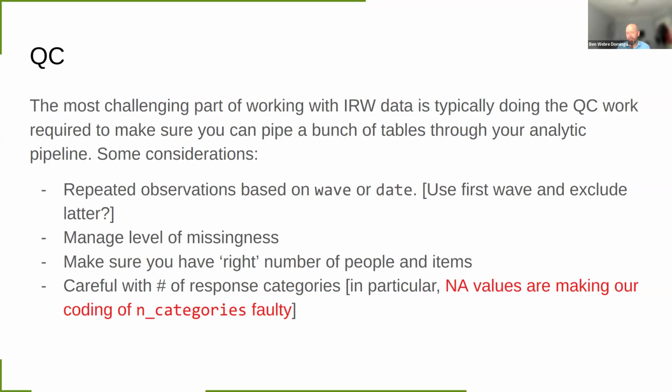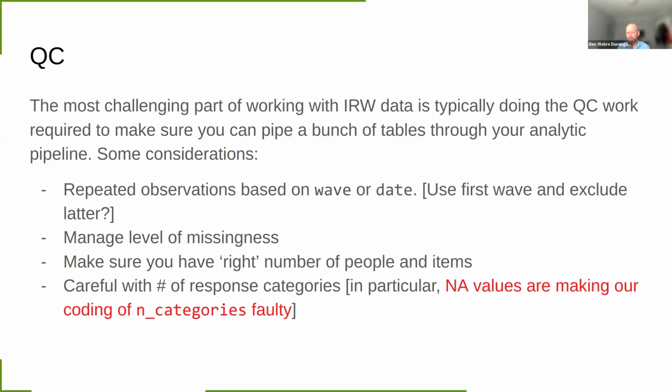To use the NM for an example, there is such a large number of people available there that it might choke many common statistical algorithms, and so you might want to limit how many people you're using. And then the number of response categories is likely to be germane for many psychometrics applications.